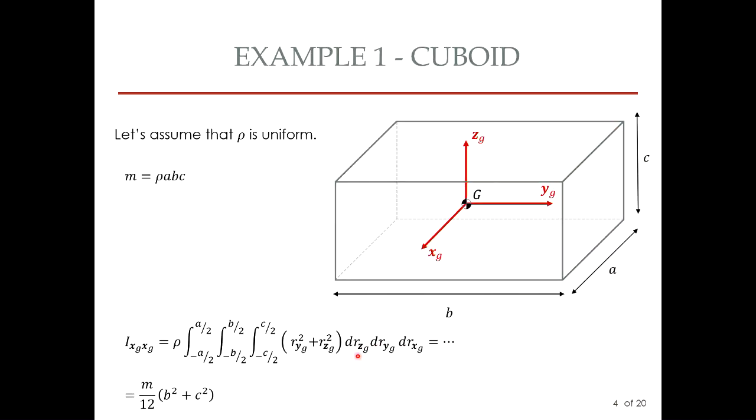And where did this m come from? This rho, I can isolate it from the equation of the mass of the entire cuboid, and then present the result for this moment of inertia using the mass of the body rather than its density.